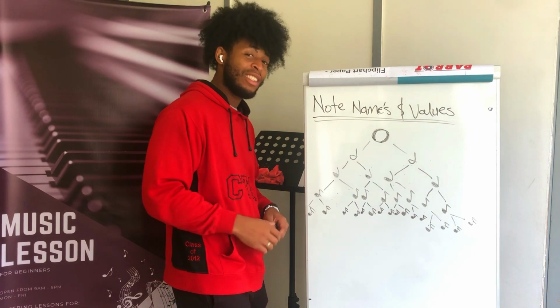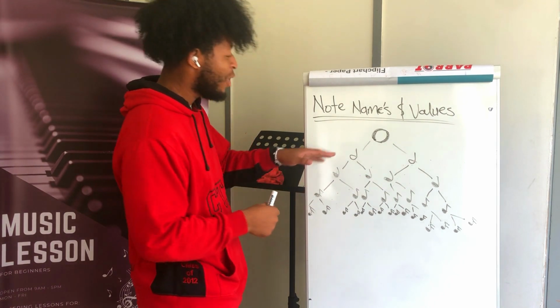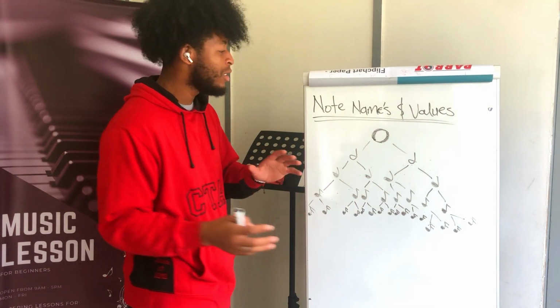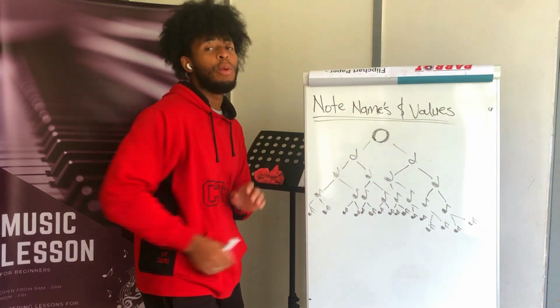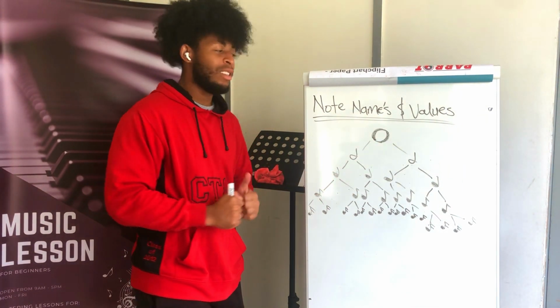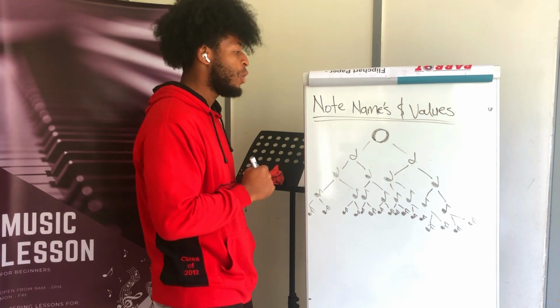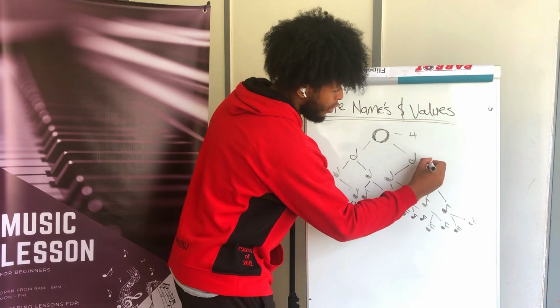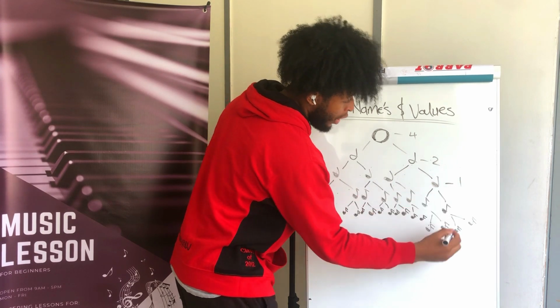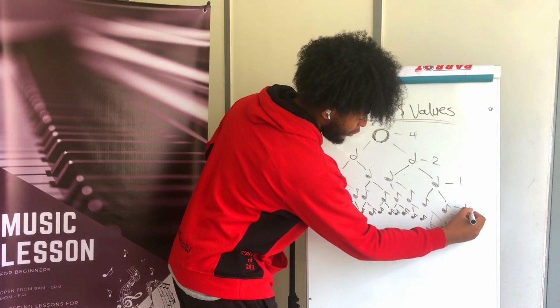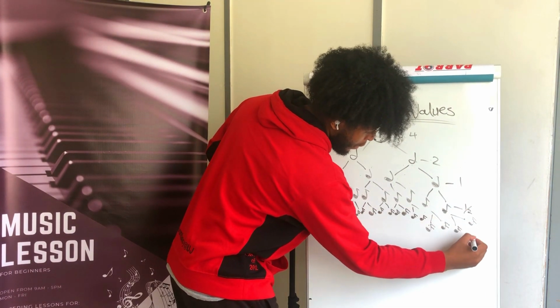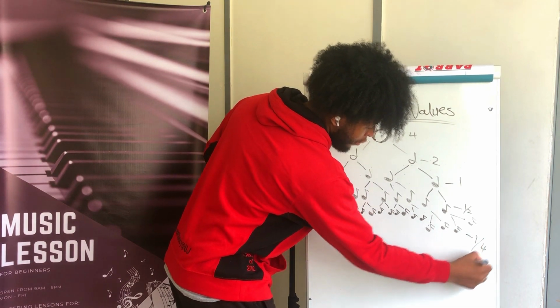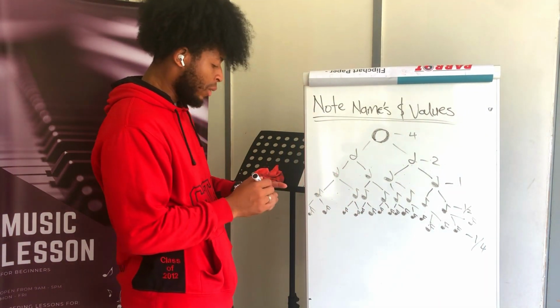It's called the quarter note. Okay, and then you have your minim, which is also the half note. Then you have your semibrief, which is also known as your whole note. So whichever one you want to use, values 4, 2, 1, 1 over 2, 1 over 4. And that's our lesson for today.